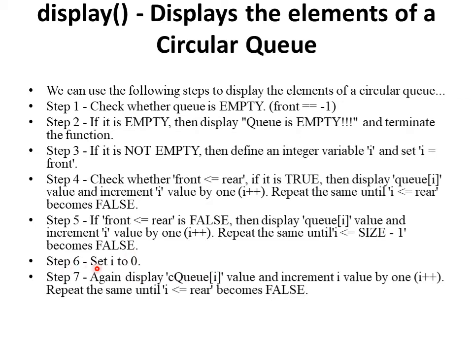When it becomes false, set I equals 0. Again display CQ elements from the I position and increment I by 1, I plus plus, repeating the same until I is less than or equal to rear becomes false. Until that it will go on looping.